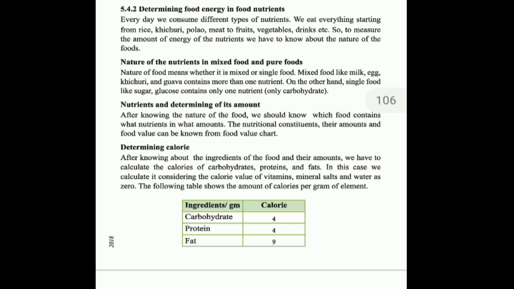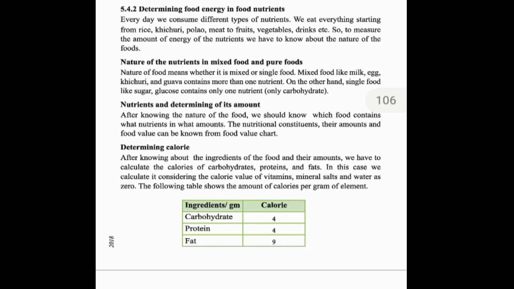After knowing the nature of food, we should know which food contains which nutrients in what amount. The nutritional constituents, their amount and food value can be known from the food value chart. After knowing the ingredients of the food and the amounts, we have to calculate the calorie of carbohydrate, protein and fats.